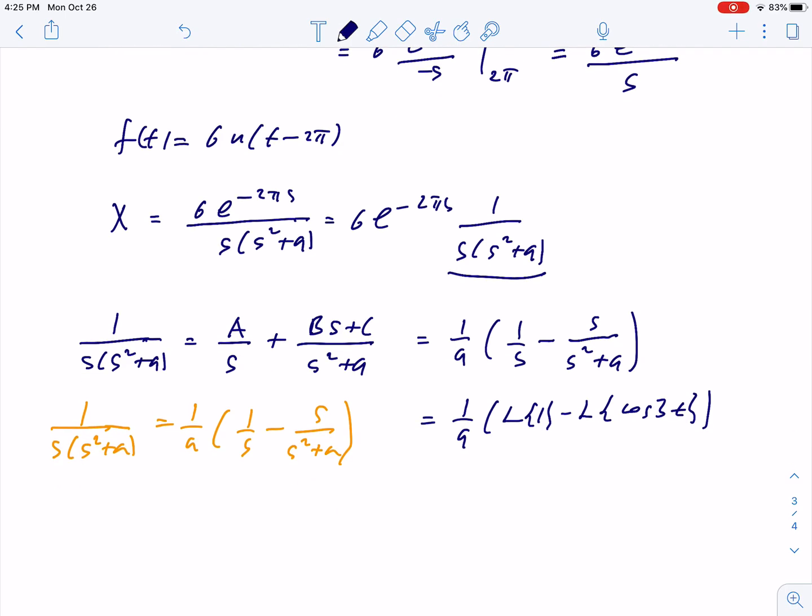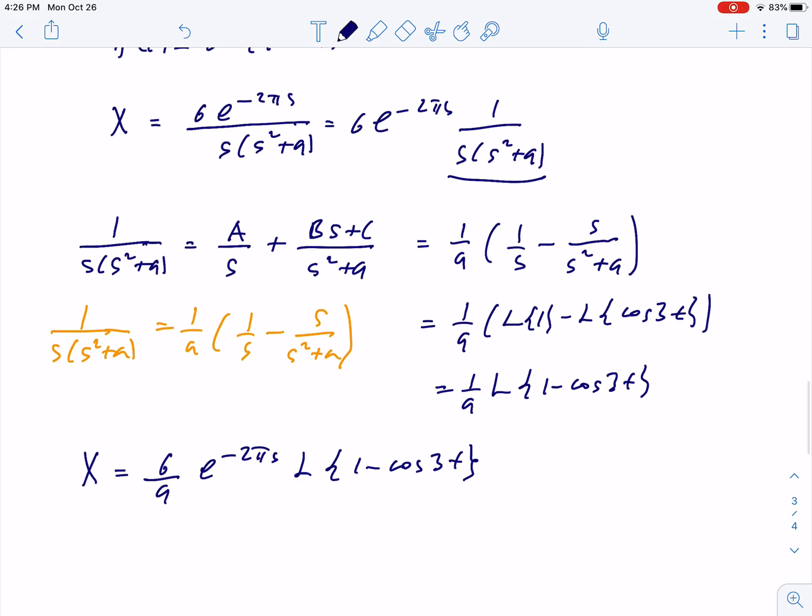And then returning to the big X, well, why not we write just like that, 1/9 Laplace of 1 minus cosine 3t, these two together. Returning to the big X now, it is 6 over 9 exponential negative 2 pi s Laplace of 1 minus cosine 3t.